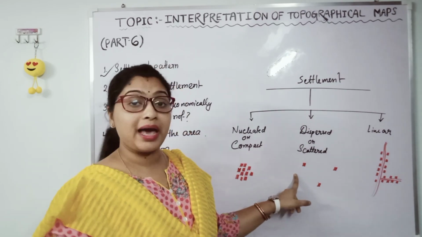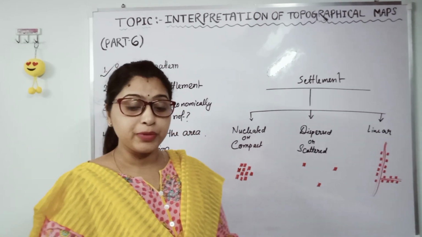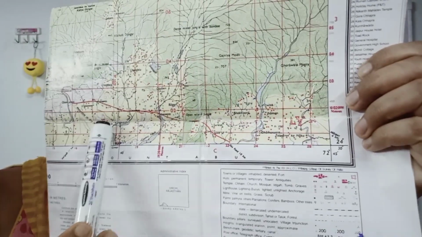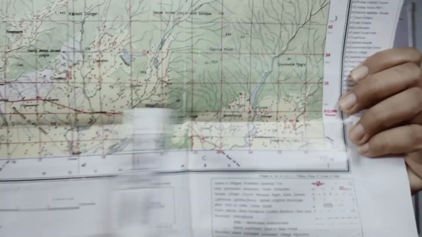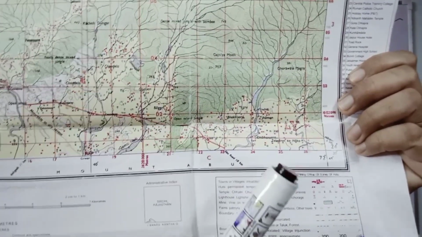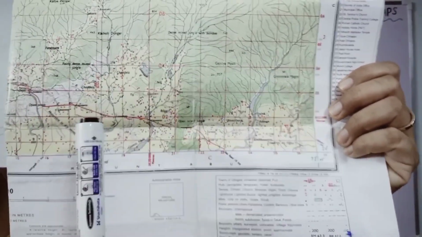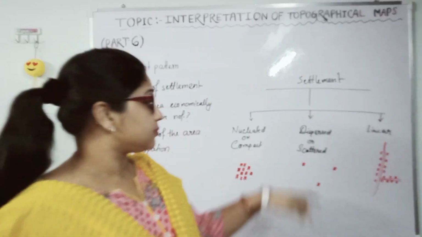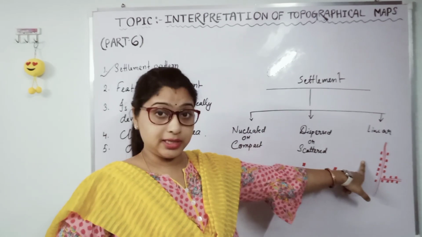On the other hand, in the lower part of the map you can see settlements, but they are not close to each other, they are far from each other, that is the scattered or dispersed settlement.